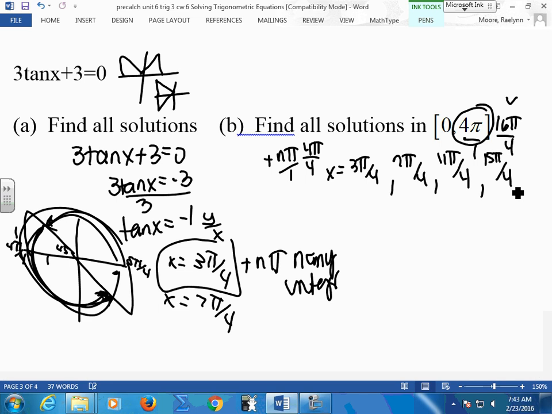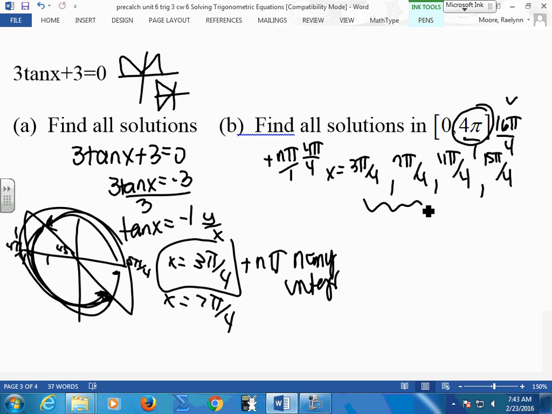Now, let's see if this makes sense. I get 2 in 2 pi. How many should I get in 4 pi? If I get 2 in 2 pi, and another 2 in another 2 pi, I should get 4 altogether. Do I have 4? Perfect, I have 4.